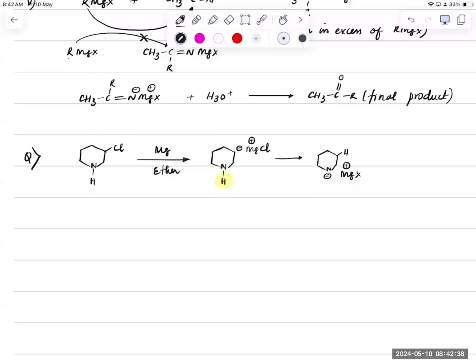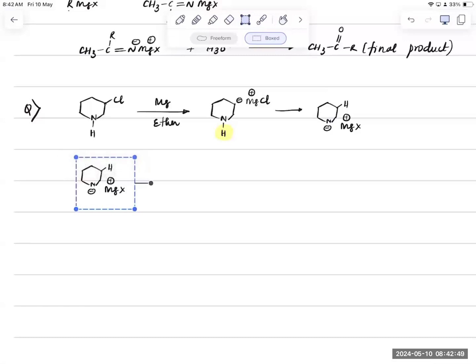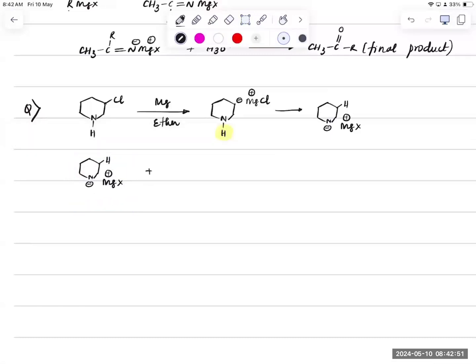So here we will not have any Grignard's reagent directly. But now if you notice, if you are trying to react this with an aldehyde, then the attack will be from the nitrogen end, not from the carbon end.